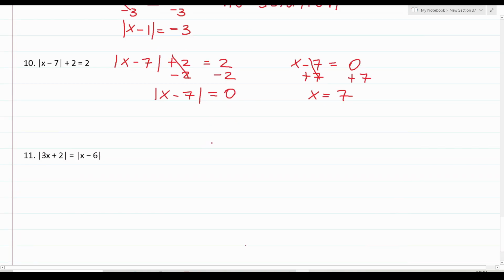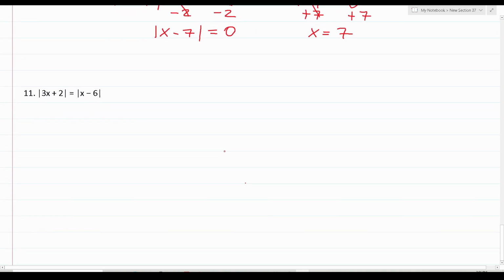All right, for number 11, we have the absolute value of 3x plus 2 equal to the absolute value of x minus 6. This is a pretty challenging problem, and so if you want me to walk you through it, I will, but otherwise go ahead and try it on your own. The key to this problem is to do this.